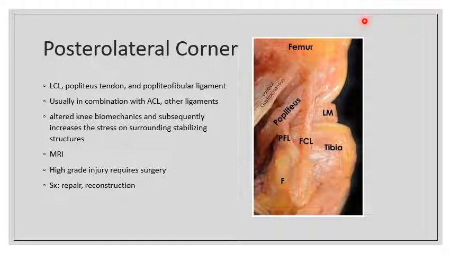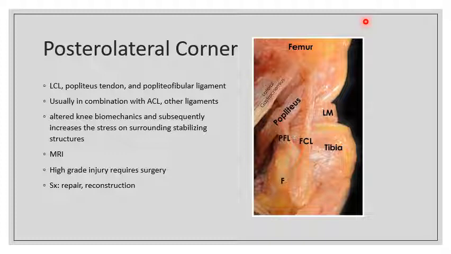The posterolateral corner basically is composed of your lateral collateral ligament, your popliteus tendon, and popliteofibular ligament. They contribute to the static and dynamic stability of the knee, and usually they are in combination with your cruciate ligament injuries. The PCL injury is more common than the ACL.